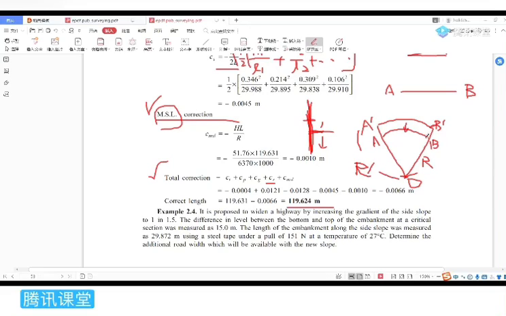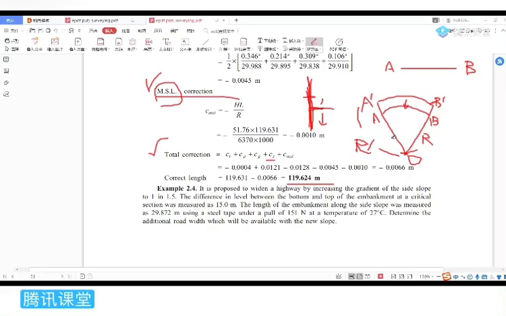Okay, so basically this is a part of the circle.